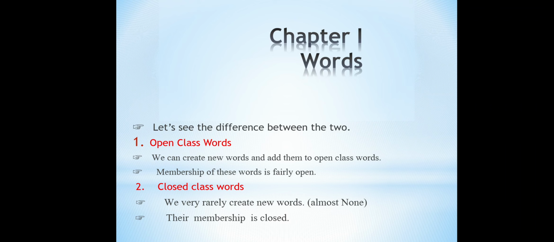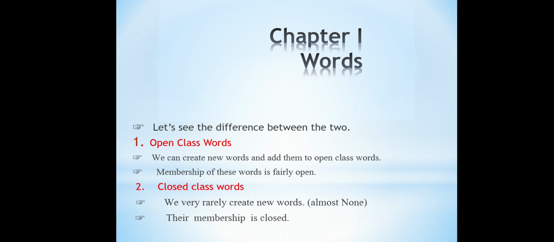The open class words consist of nouns, verbs, adjectives, and adverbs. On the other hand, closed class words consist of pronouns, prepositions, interjections, conjunctions, and determiners.